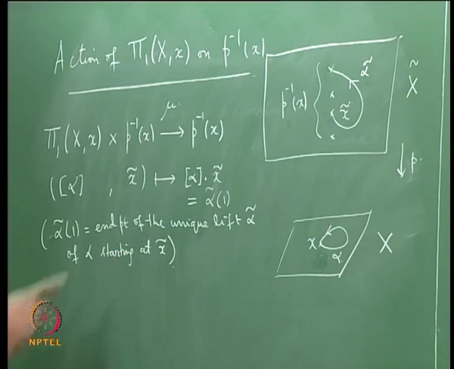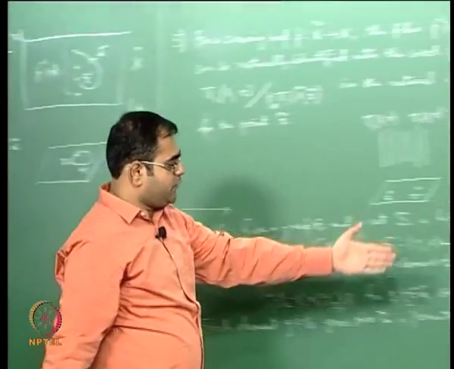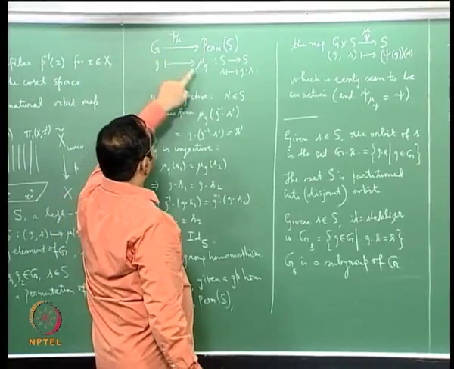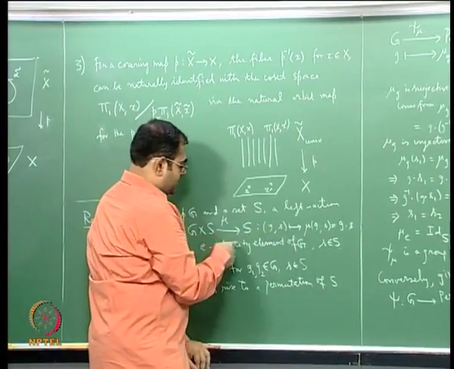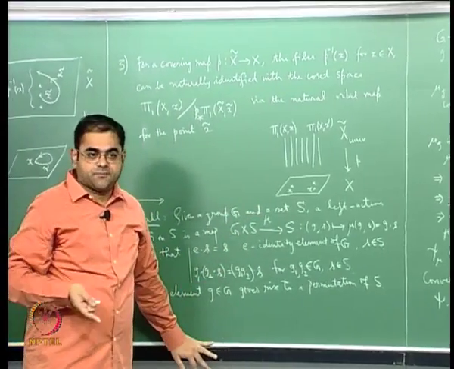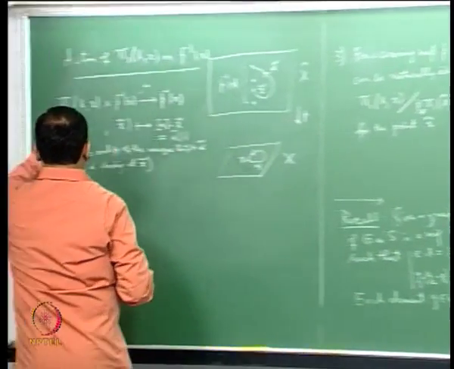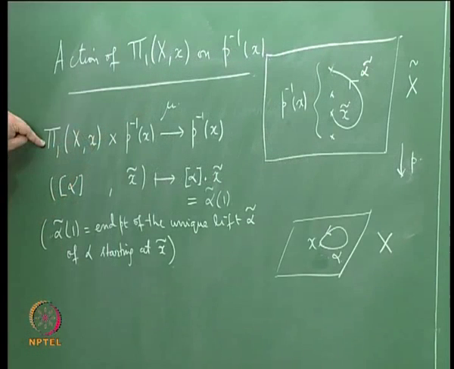Now, to check that this is an action, as I told you, I will have to show that each element of the group acts as a permutation. So each element of the fundamental group below has to act as a permutation of the fiber P inverse x.